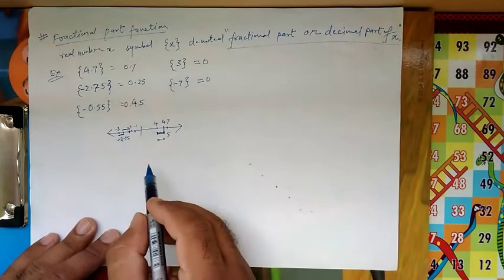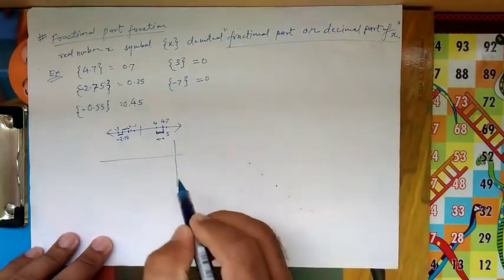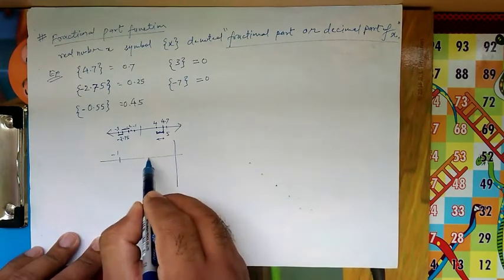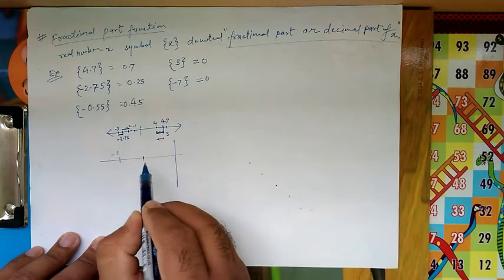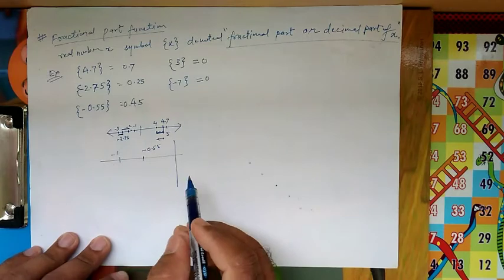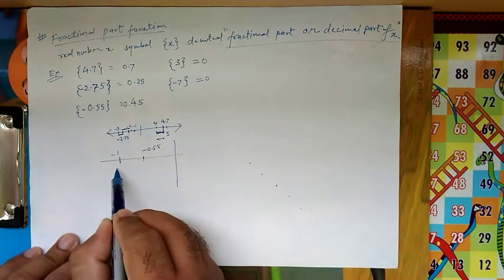Likewise here also, if I zoom it, say this is the y-axis, this is -1, this point is say -0.55. So you are going to this -1.